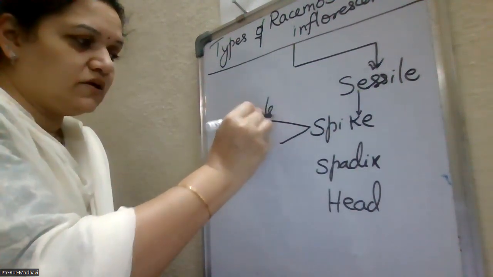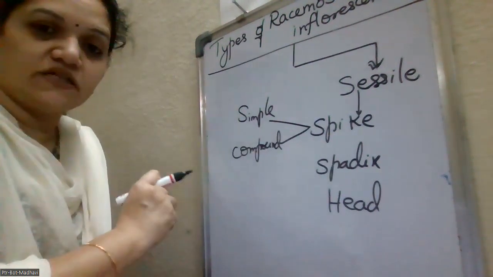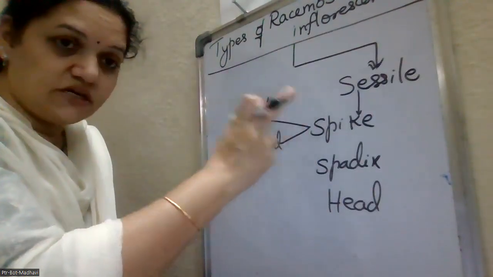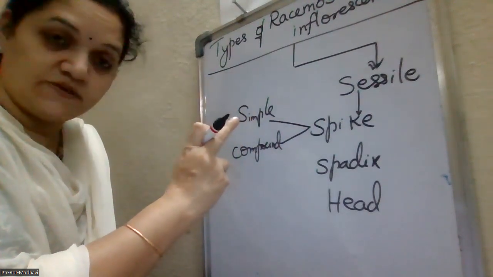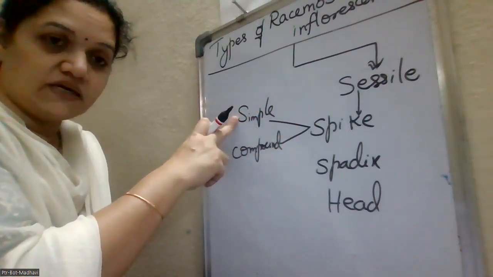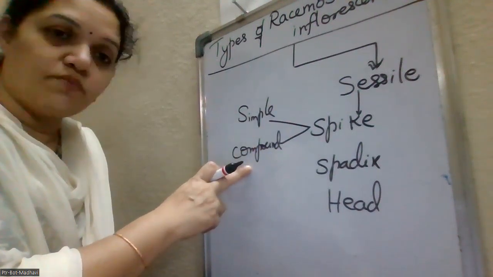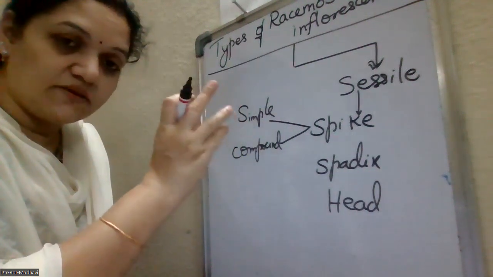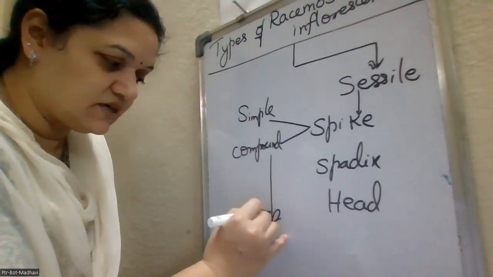Simple, compound. So here how the flowers are present in the spike. All the flowers are sessile, bracteated, and arranged directly on the inflorescence axis in the acropetal succession. That is the simple spike. If the inflorescence axis is branched, that is called the compound spike. So in this, what I said, the flowers are sessile, bracteated. This is the inflorescence axis.